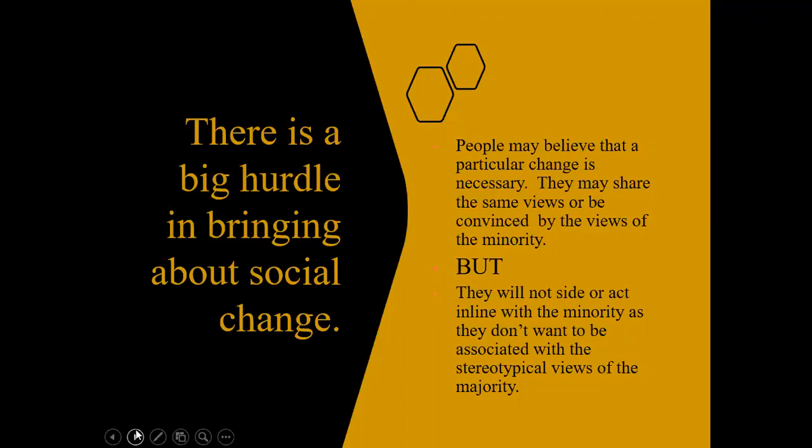And we've got these social barriers that come into place that actually, even though people may want to publicly side with the minority view, they are afraid of what that will mean for them. Will they be labeled under the same umbrella? And they don't want that. So privately, they agree, but publicly, they don't change that behavior.